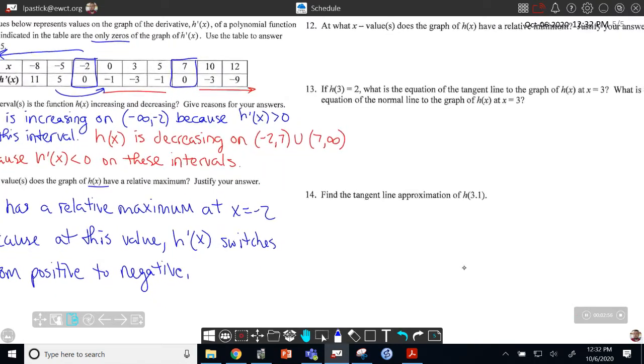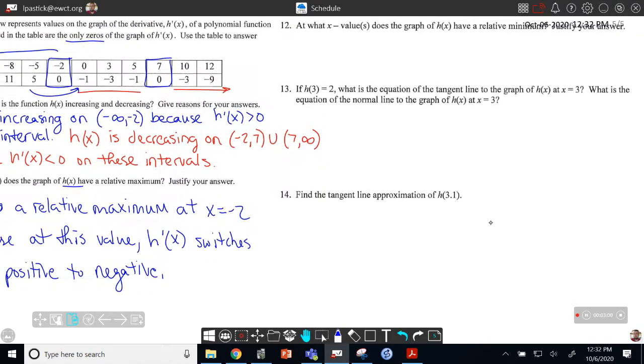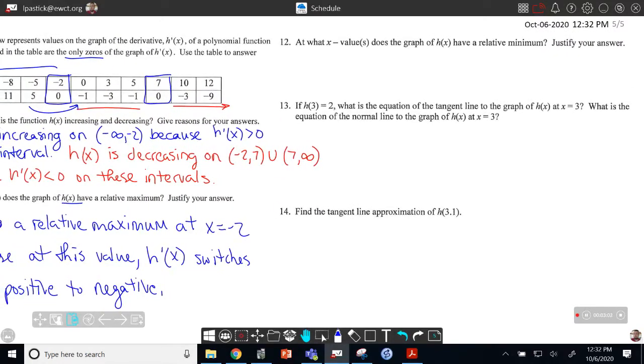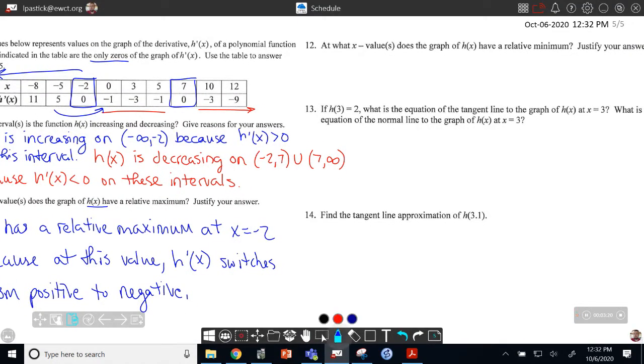The next one reads, at what x values does the graph of h of x have a relative minimum? Justify your answer. So same idea, looking at our chart, we're looking for a relative minimum, which means the derivative goes from negative to positive, which means the original function goes from decreasing to increasing. Well, we already determined that there was a relative maximum here at -2.